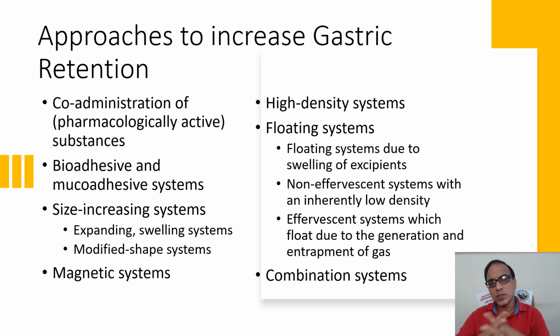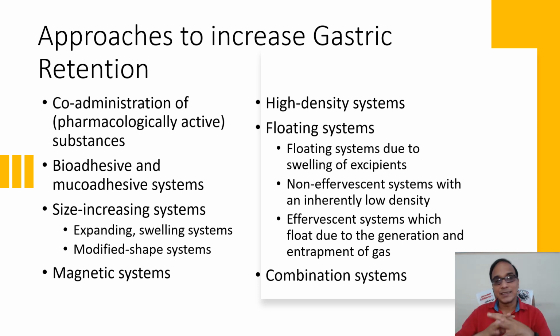Now, what are the approaches to increase the gastric retention? Number one, co-administration of pharmacologically active substances. Number two, bioadhesive and mucoadhesive systems. Number three, size increasing systems, which increase in size when they are ingested: expanding, swelling systems and modified shape systems.